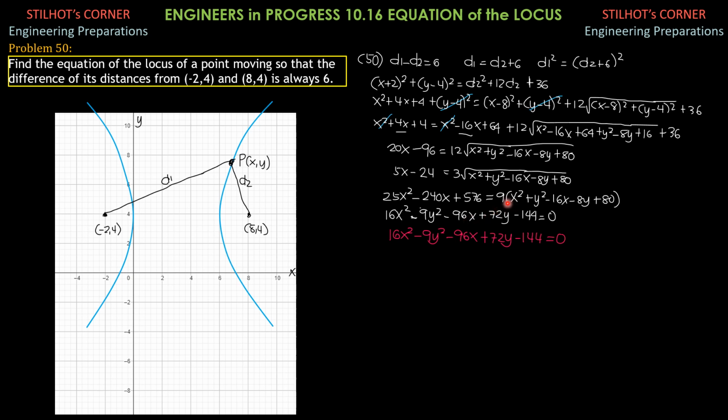Then we have 9 times negative 8y, which is negative 72y. Transpose negative 72y to the left, it becomes positive 72y. Then for the constants, 576 minus 9 times 80, which is 720. 576 minus 720 is negative 144 equals 0. So we copy this. Then this is the locus of this point. So that's it. I hope that you were able to follow the explanations and the solutions.